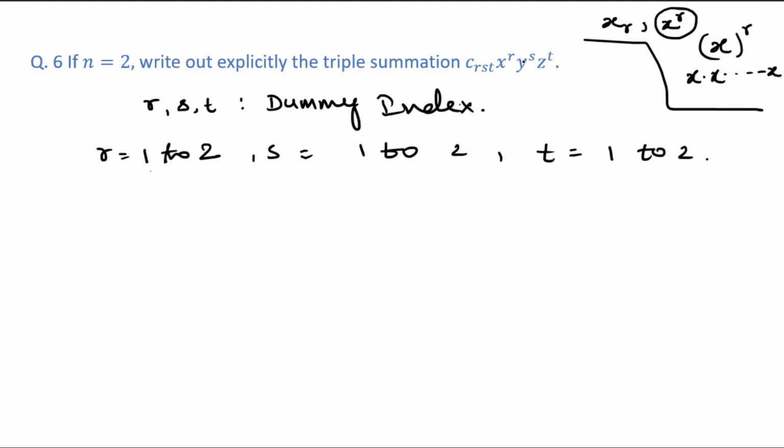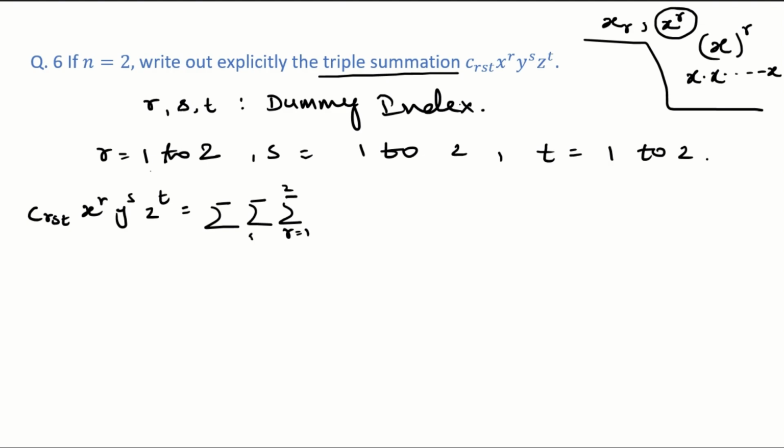So let's expand this expression. Here we have c_rst x^r y^s z^t. When you expand it, you will get three sums, that's why they have written triple summation in the question: r from 1 to 2, s from 1 to 2, and t from 1 to 2. First let's carry out the summation over r.